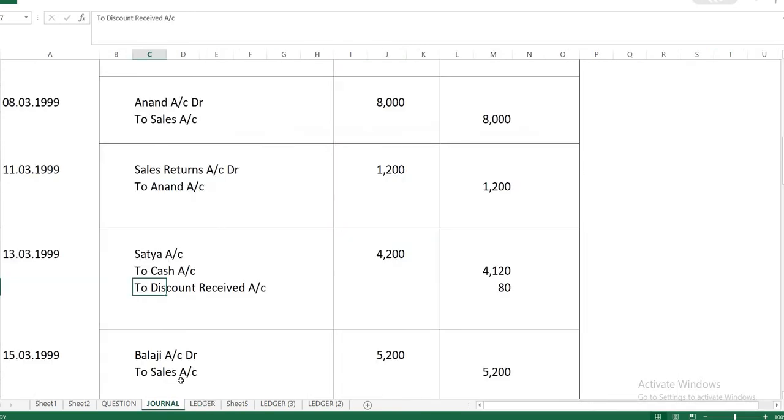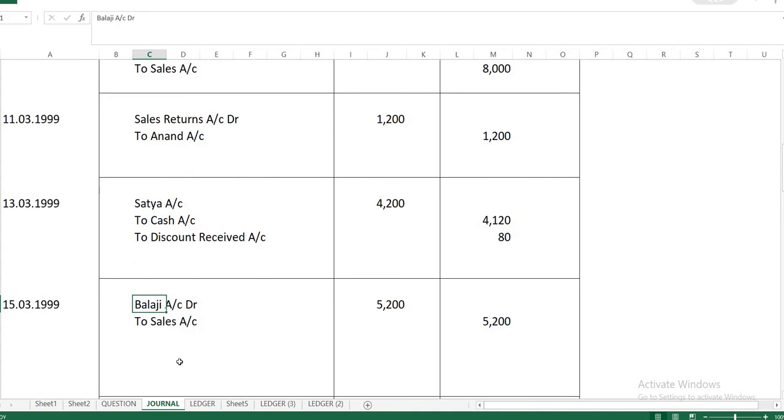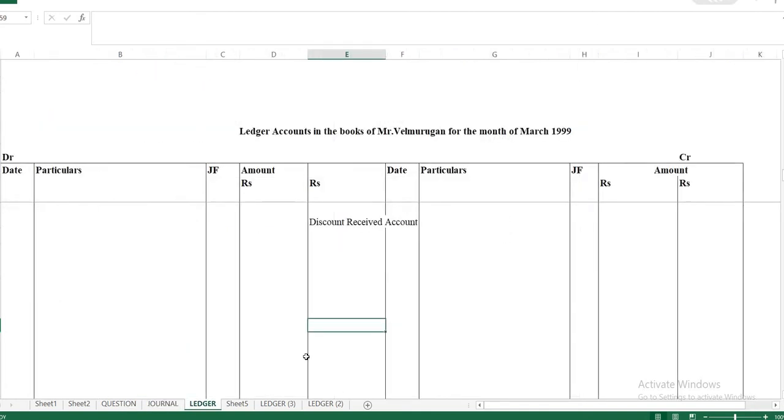Discount received. After that, Balaji account, we didn't prepare yet. So Balaji account has to be prepared. Sales account we already prepared, so no need to prepare again. So Balaji account can be prepared now. Balaji account.